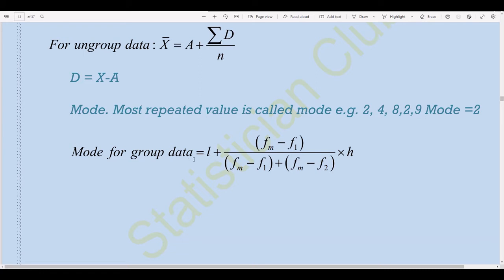Mode for group data is L plus (Fm minus F1) over (Fm minus F1 plus Fm minus F2) multiplied by H. L is the lower class boundary, H is the class interval, Fm is the maximum frequency, F1 is the frequency of the preceding class and F2 is the frequency of the following class. By applying this formula you can calculate mode.